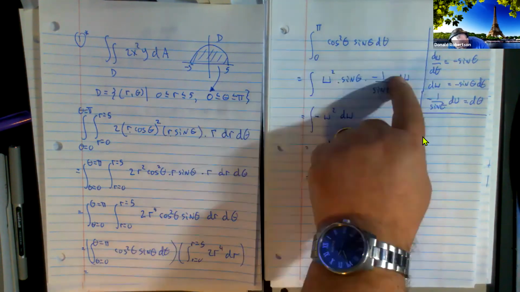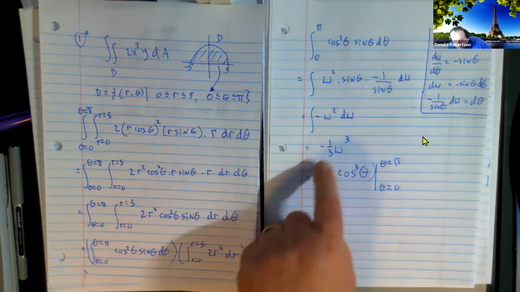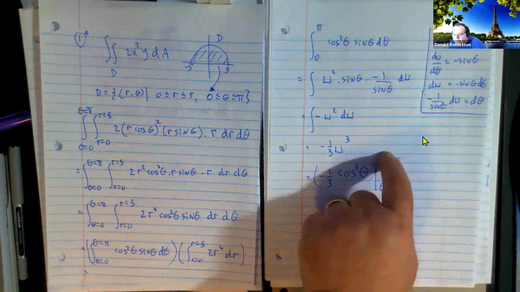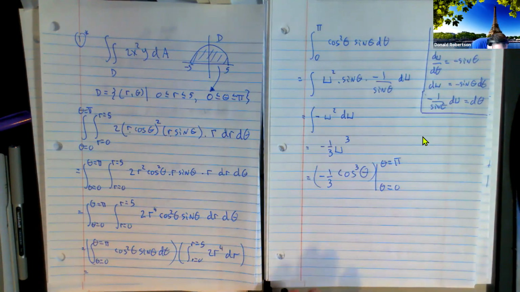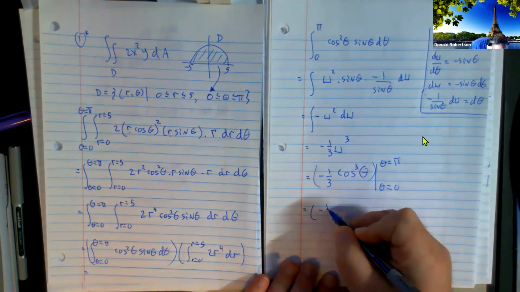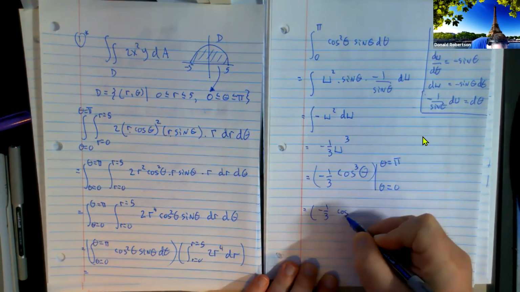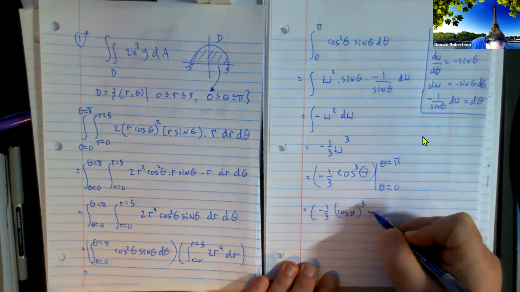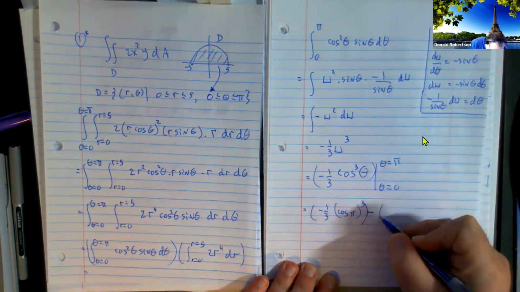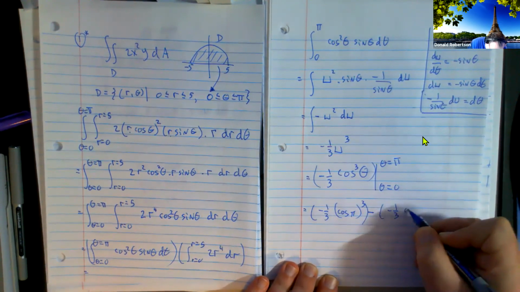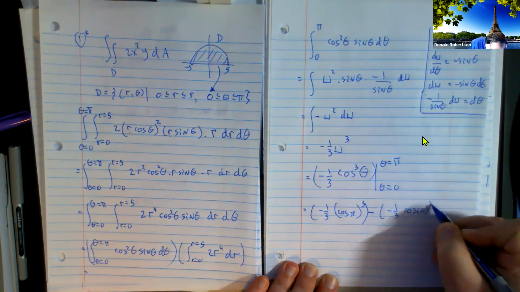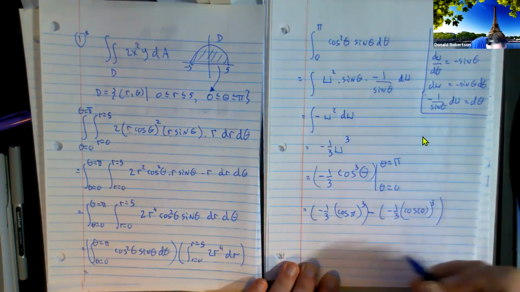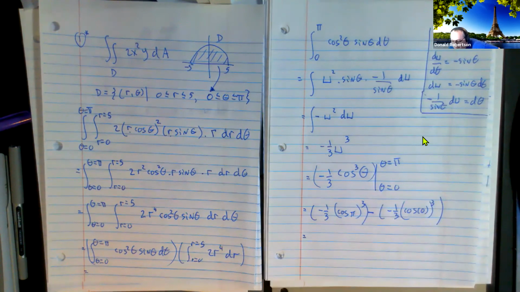U sub, integrate, return back to theta, put your limits of integration in. This is going to be 1/3 the cosine of pi cubed, take away negative 1/3 the cosine of 0 cubed. Okay, cosine of pi has an exact value.